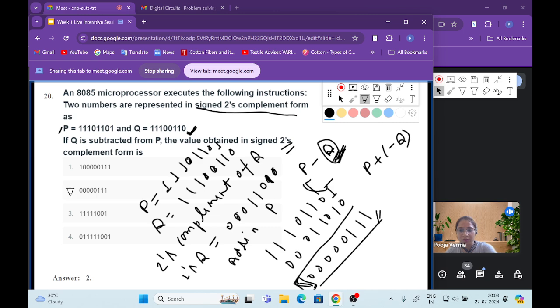So what is the answer? This is option 2. This type of question is solved like this.